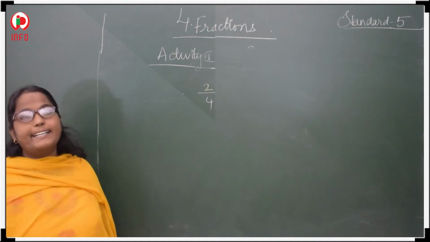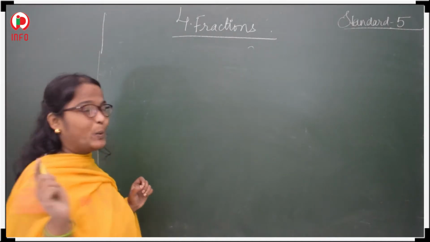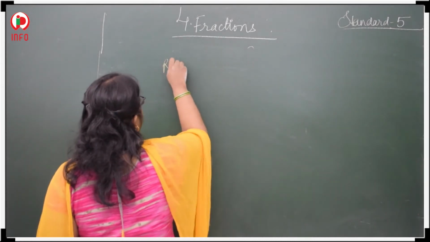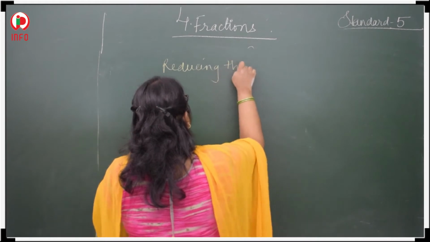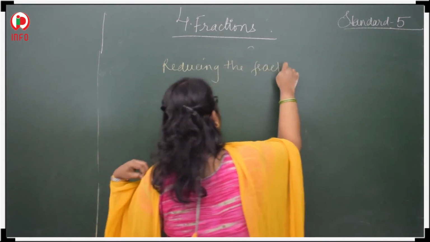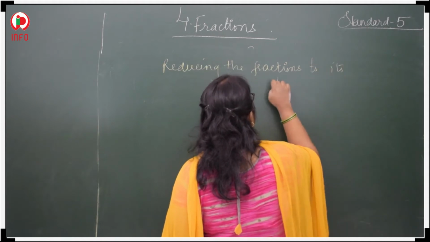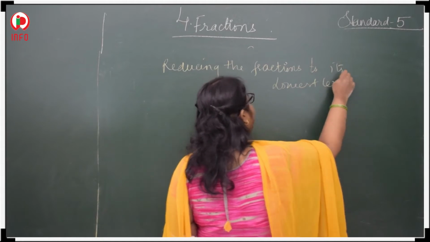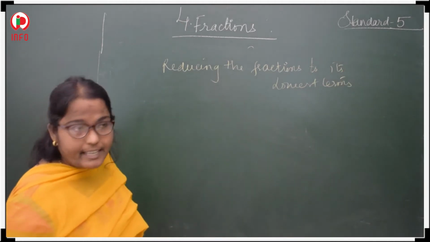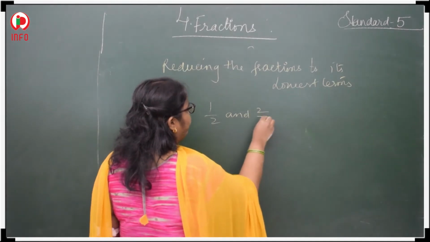All of you. So the next concept we have is reducing the fractions to its lowest terms. Yes guys, we can take the example of 1 by 2 and 2 by 4.